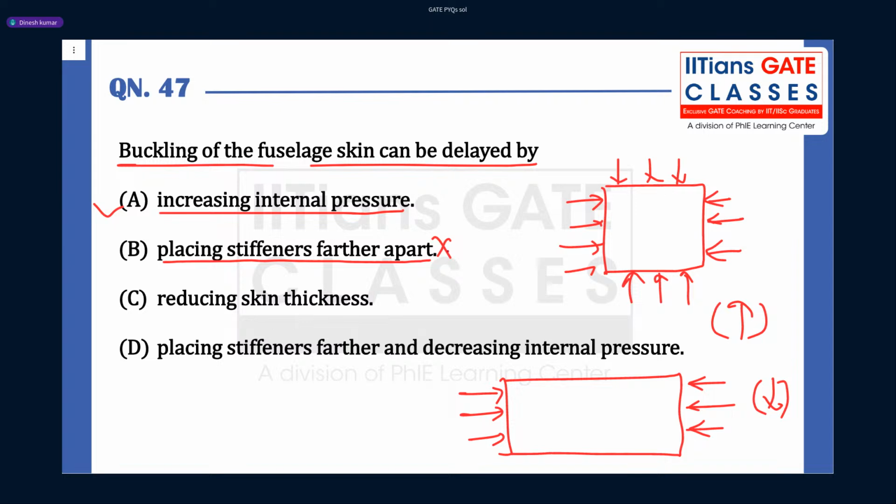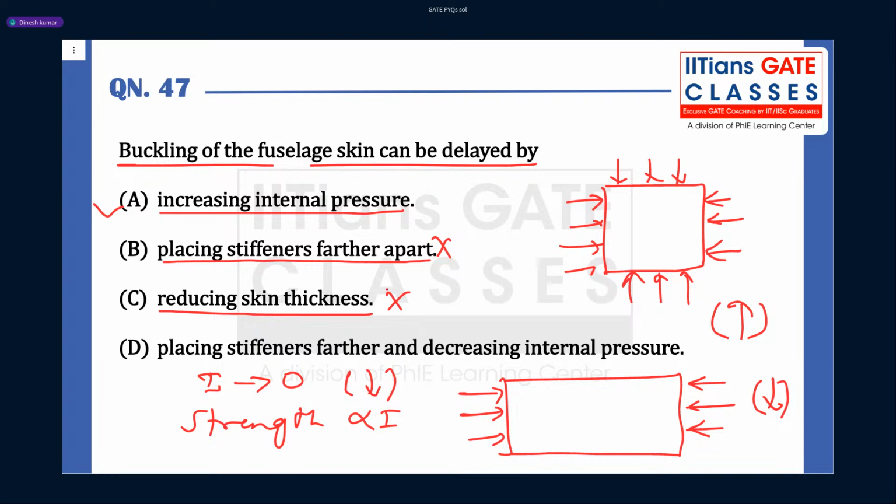Now read option C. What does it say? Reducing skin thickness. When you reduce skin thickness, your moment of inertia will go down, so your buckling strength will go down because your buckling strength is directly proportional to your I value. So C can't be the correct answer.